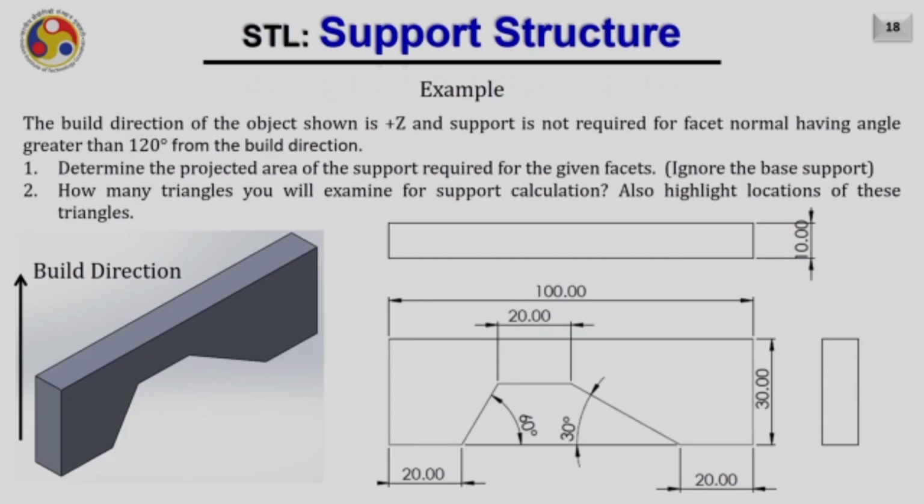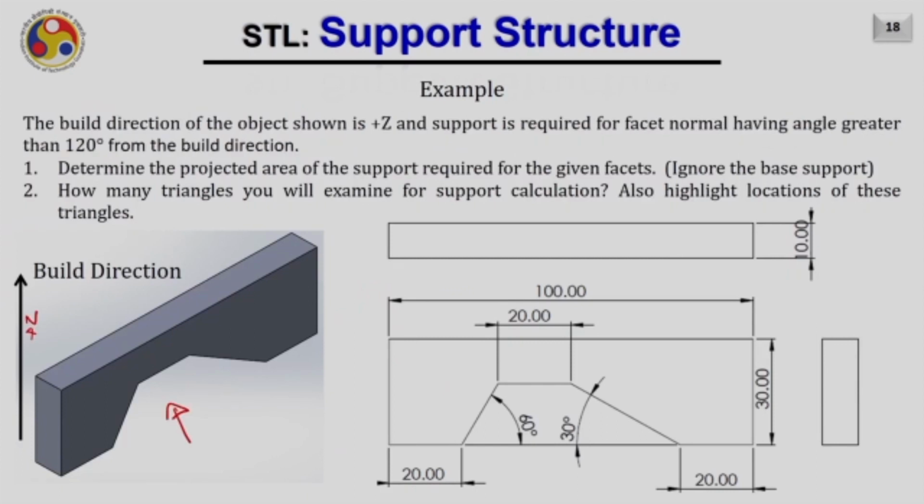Now let us try to solve an example. The question is, the build direction of the object shown in this diagram is in plus z direction, and the support is required for the facet normals having an angle greater than 120 degrees from the build direction.